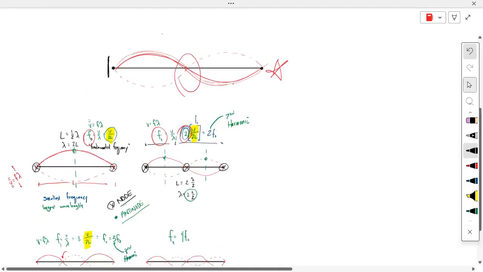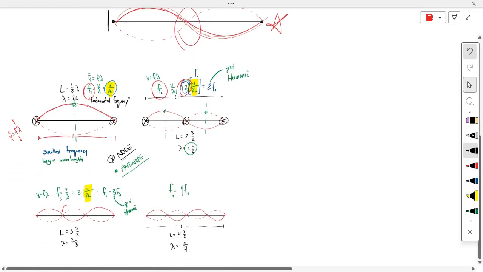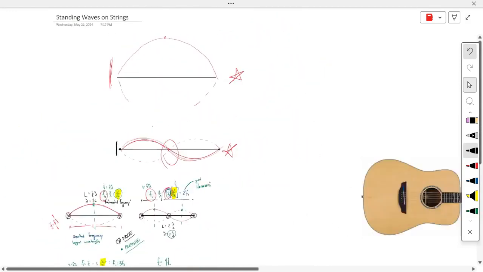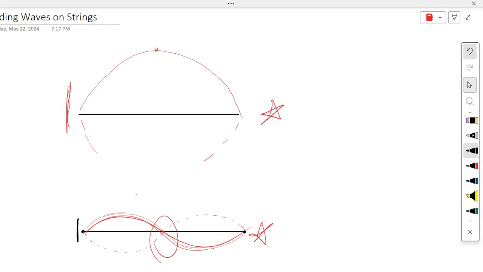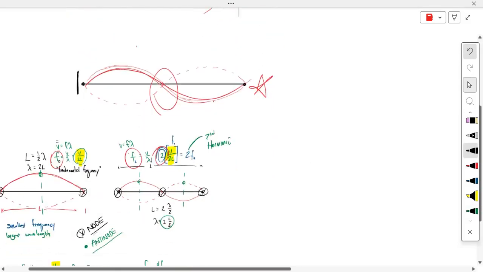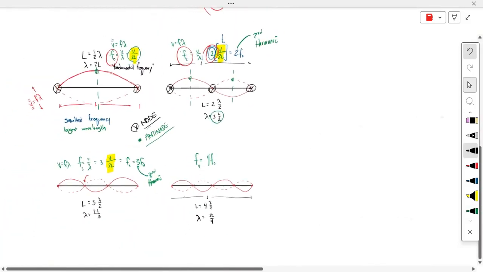All right, there's a lot there: some music theory, a lot of physics. What you need to recognize is that for a standing wave to exist on a string, there are certain criteria that must be met, namely that there must be a node at each end of the string. For that to happen, the string must capture some integer number of half wavelengths.